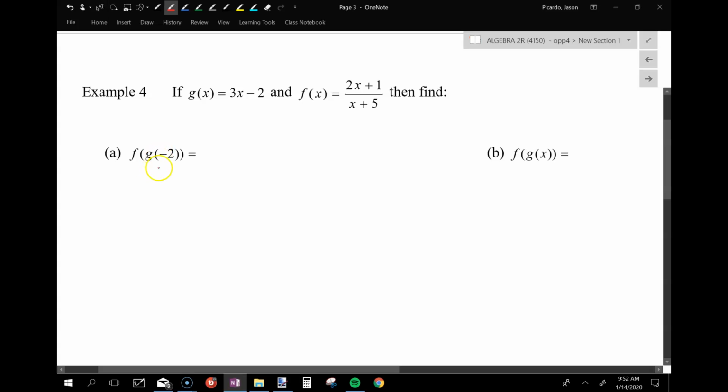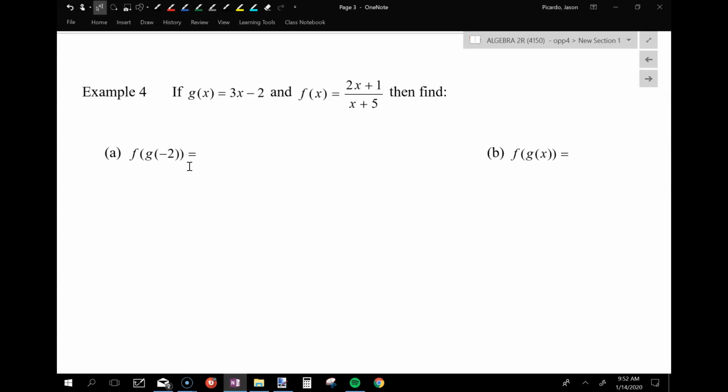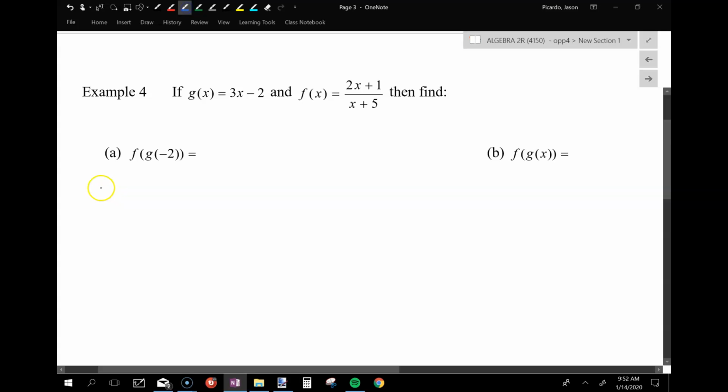So if I say, what is f of g of -2? Where do you start? How do you evaluate f of g of -2? Well, you start from the inside and work your way out, right? Because that's sort of like a set of parentheses. So what is g of -2?